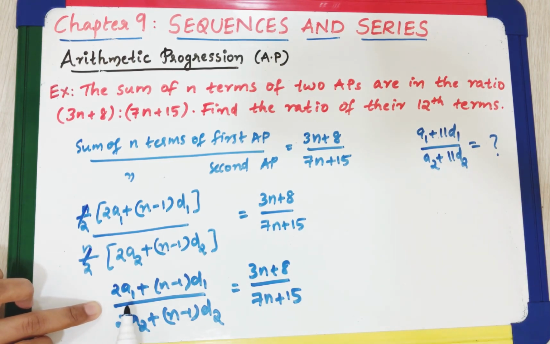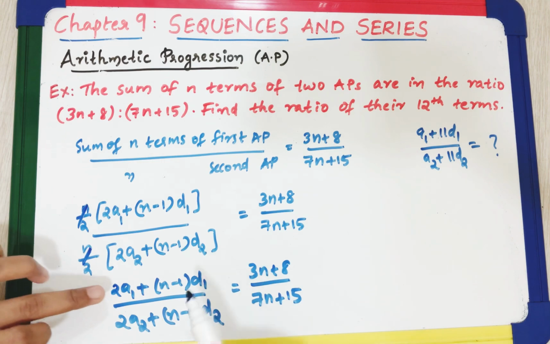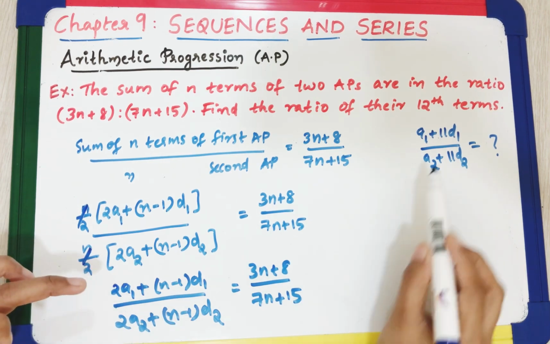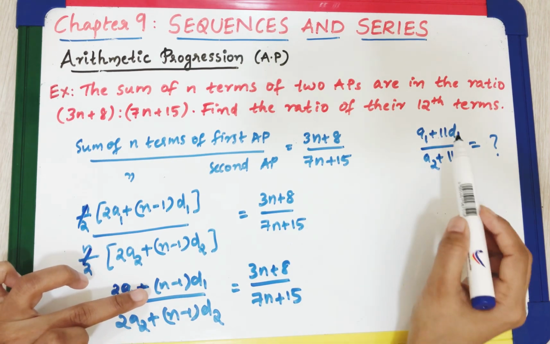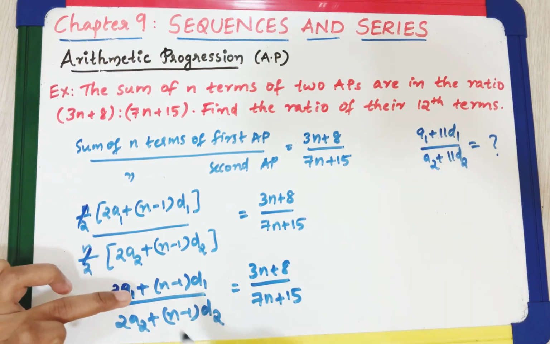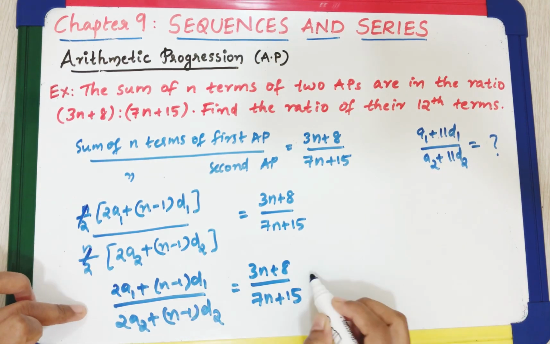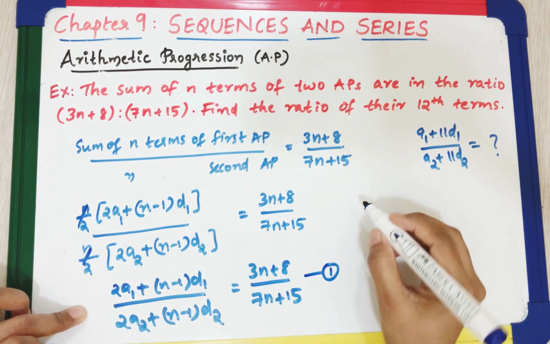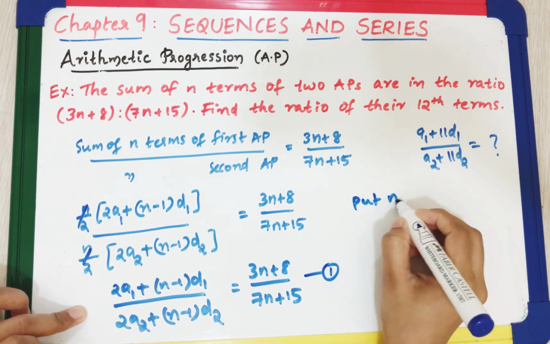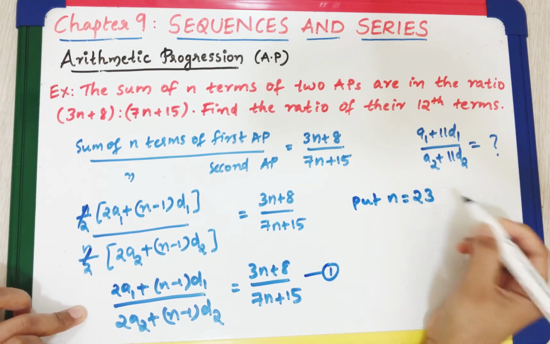Here we can substitute n minus 1 equal to 22, or n equal to 23. Put n is equal to 23.